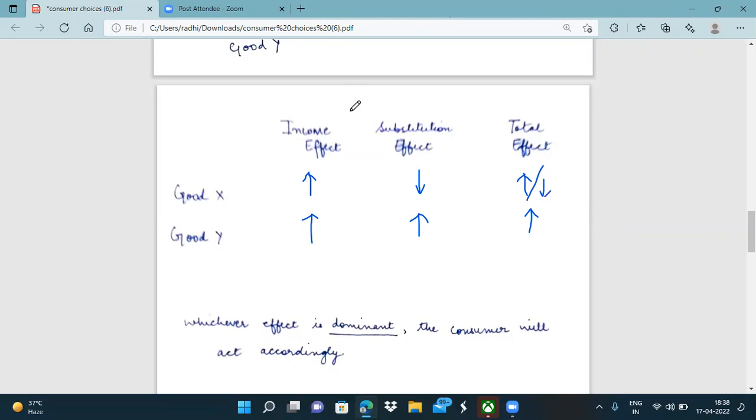It will depend on whether the income effect or the substitution effect is more dominant. When the income effect is dominant, the consumer will increase the consumption. However, when the substitution effect is dominant, the consumer will decrease the consumption of the good. So whichever effect is dominant, the consumer will act accordingly. I hope it is clear.